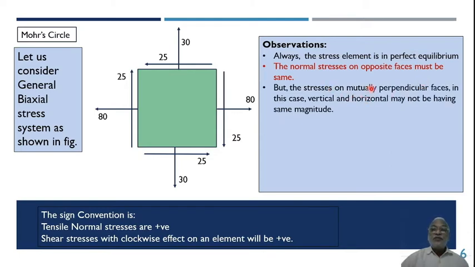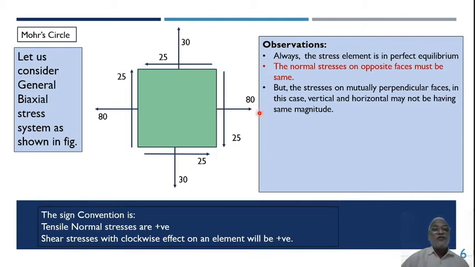But the stresses on mutually perpendicular faces, in this case vertical and horizontal, may not have the same magnitude. In the sense, if you got 80 here, on this face it is not necessary to have 80. It can be 0, it can be 30, it can be compressive stress. So anything is possible on the other face.